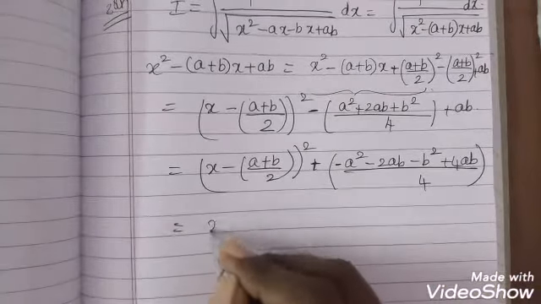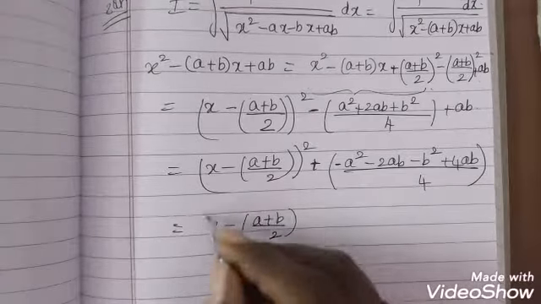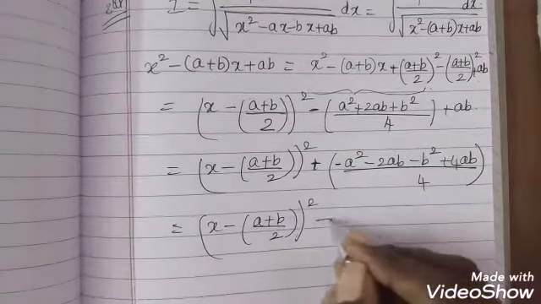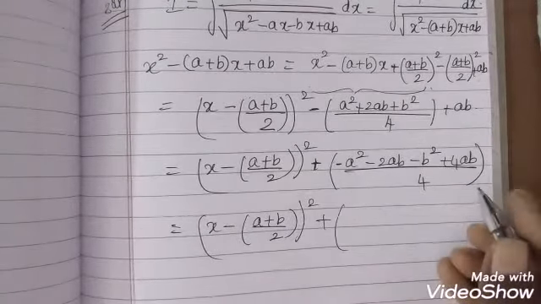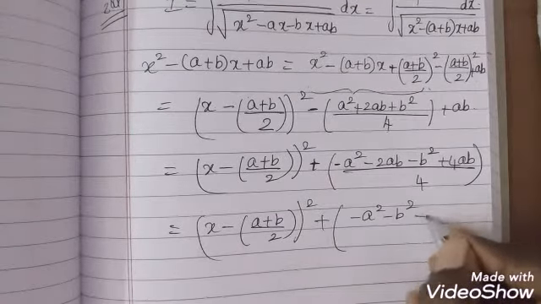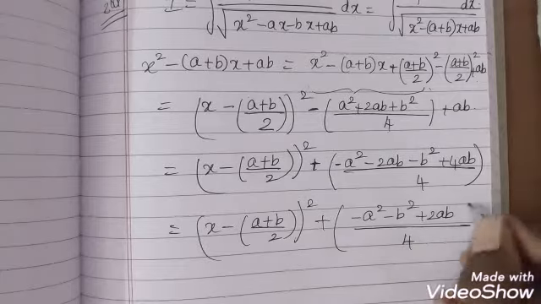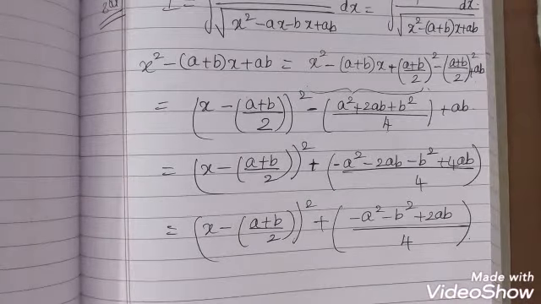So this is equal to x minus (a plus b) by 2 the whole squared, plus, when you simplify, minus a squared minus b squared plus 2ab, divided by 4.